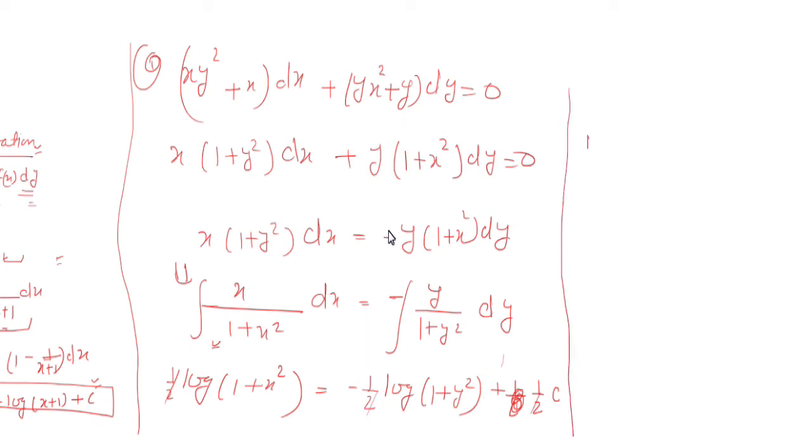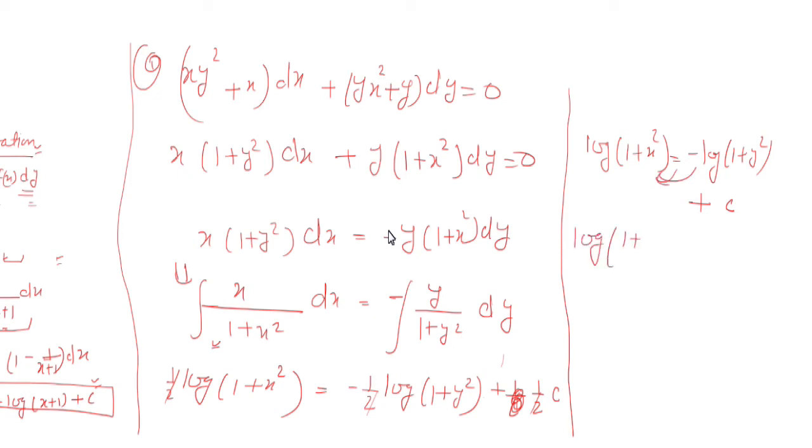We have got log 1 plus x square equal to minus log 1 plus y square plus a constant C. Now you can take this term to the left hand side.